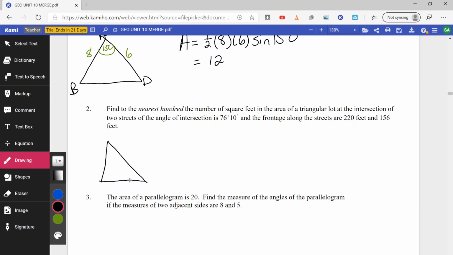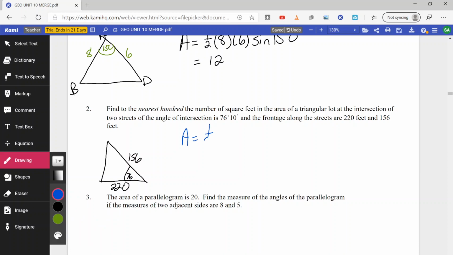If the two streets intersect, we know we have an angle of 76 degrees. I'm not going to worry about the 10 minutes. So 76 degrees, and the frontage are 220 feet and 156 feet. We need to figure out the area. Again, the angle is in between our two sides, so we can just set up the formula.